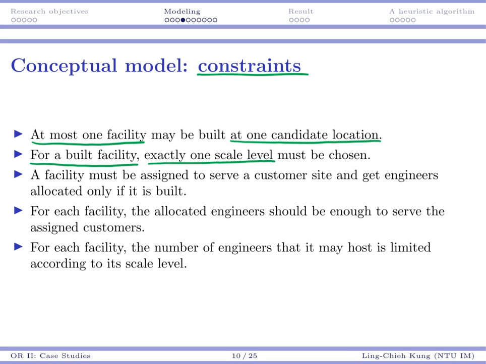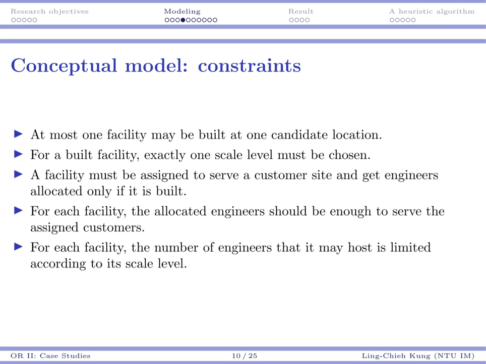You cannot choose two, you cannot choose nothing. Once you have a facility, then that facility can serve a customer and get engineers allocated only if it is built. So in your model, you are not allowed to have one customer be served by an empty facility. You cannot have a customer be served by an unbuilt facility.